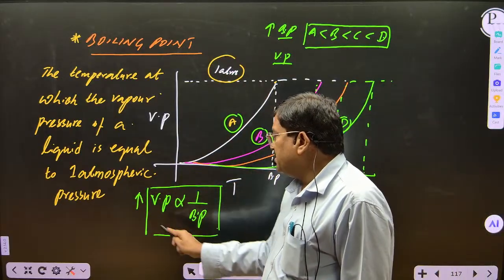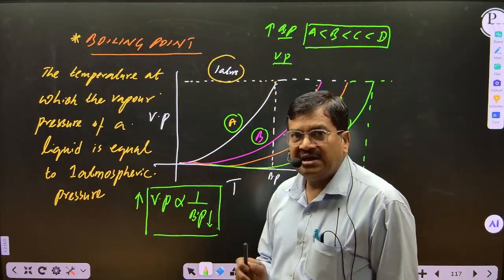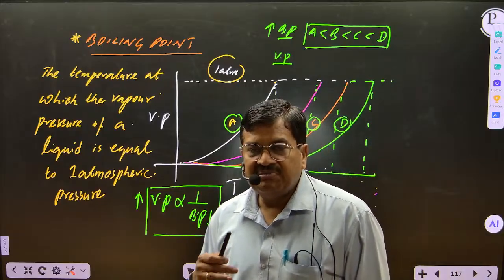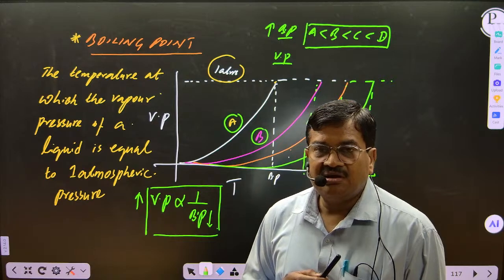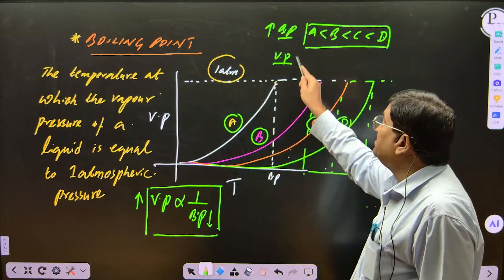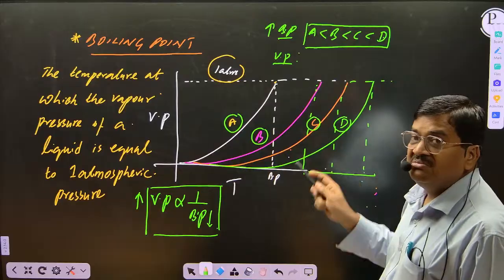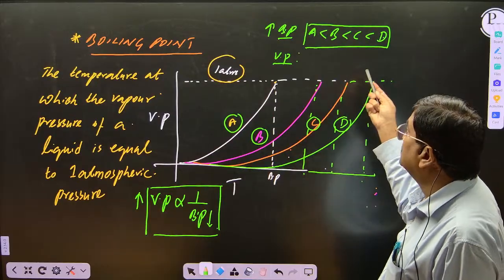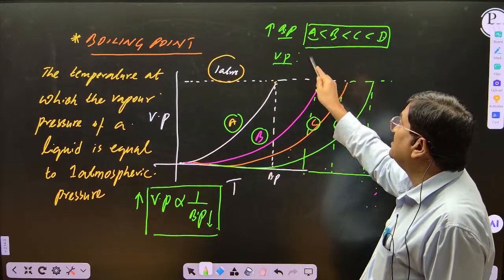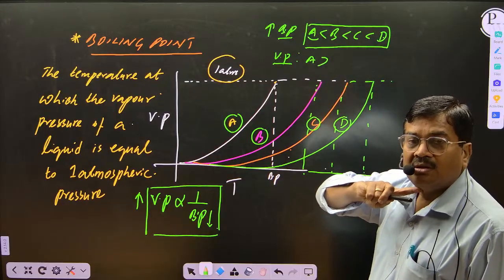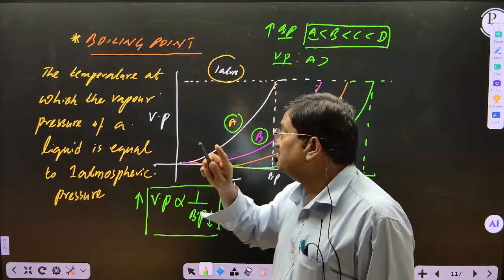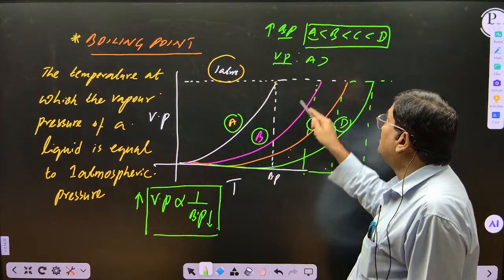More is the vapor pressure, lesser is the boiling point. Are you catching my point? So if I ask you vapor pressure of these four liquids, how will be the order? Inverse, no? The one that has less boiling point will have more vapor pressure. Do you agree?